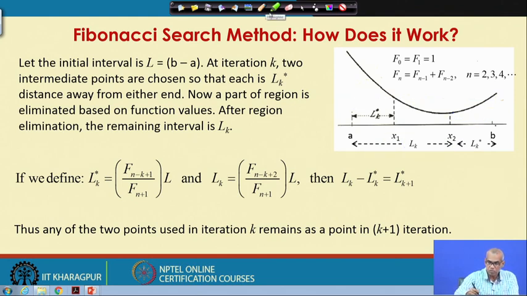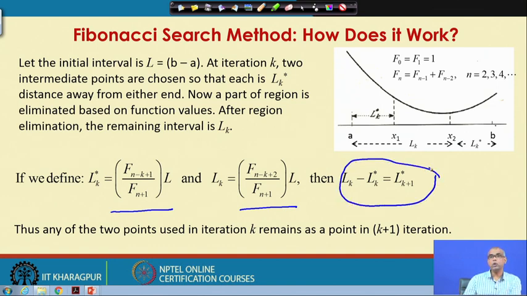Now, let us define Lk star as f(n minus k plus 1) by f(n plus 1) into L, where n is the total number of iterations that we will perform and k is the iteration counter, and Lk equal to f(n minus k plus 2) by f(n plus 1) into L. Then it can be shown that Lk minus Lk star is equal to Lk plus 1 star.